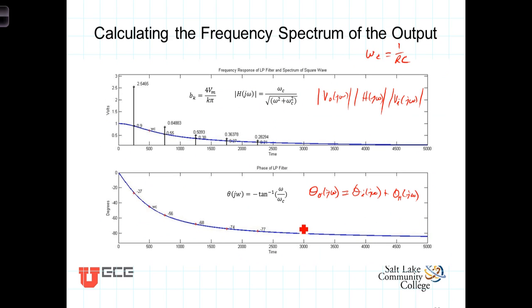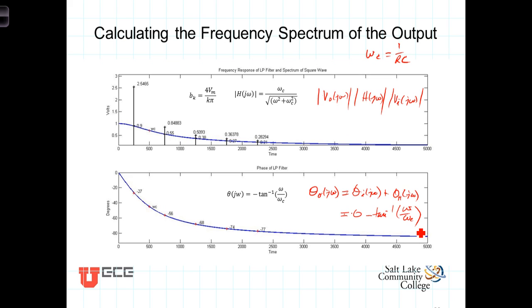So this is just going to be equal to 0, and the phase of the transfer function here is equal to negative arctangent of omega over omega sub c. So the theta of the output then is going to be 0 minus the arctangent of omega over omega sub c. Again, omega sub c is equal to 1 over RC.